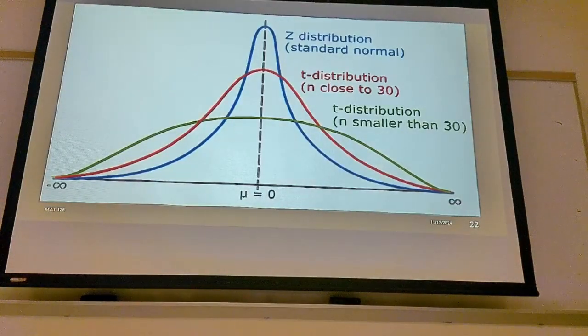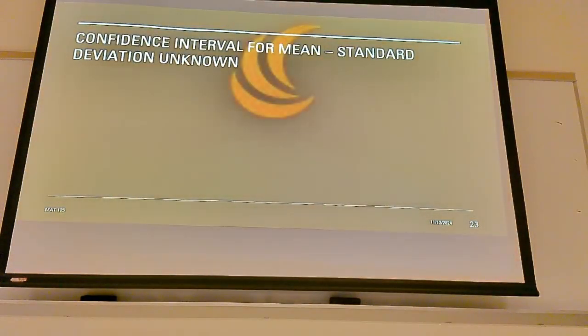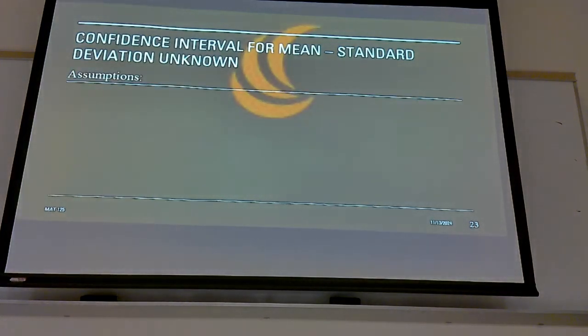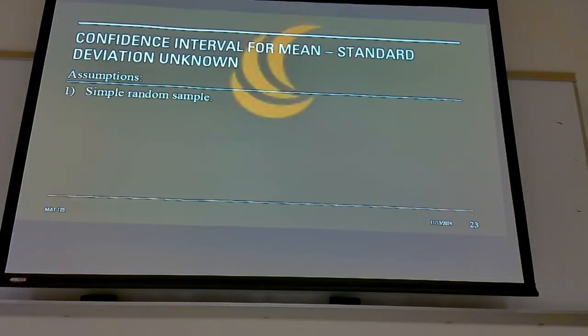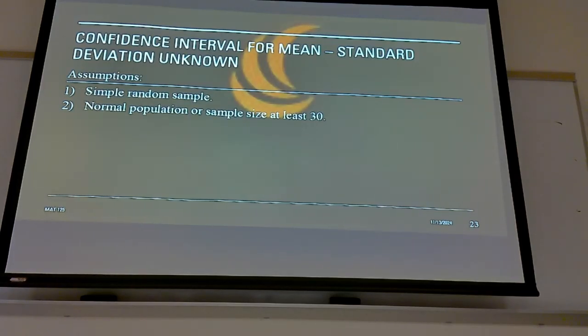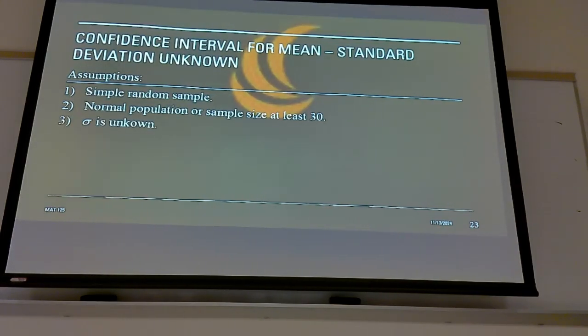So now we look at confidence intervals when the standard deviation is unknown. Simple random sample, as always. The population is normal, or you have a sample size of at least 30. So that didn't change either. The only difference is we no longer know sigma. Confidence interval: still x bar minus E to x bar plus E, except E is now found differently.